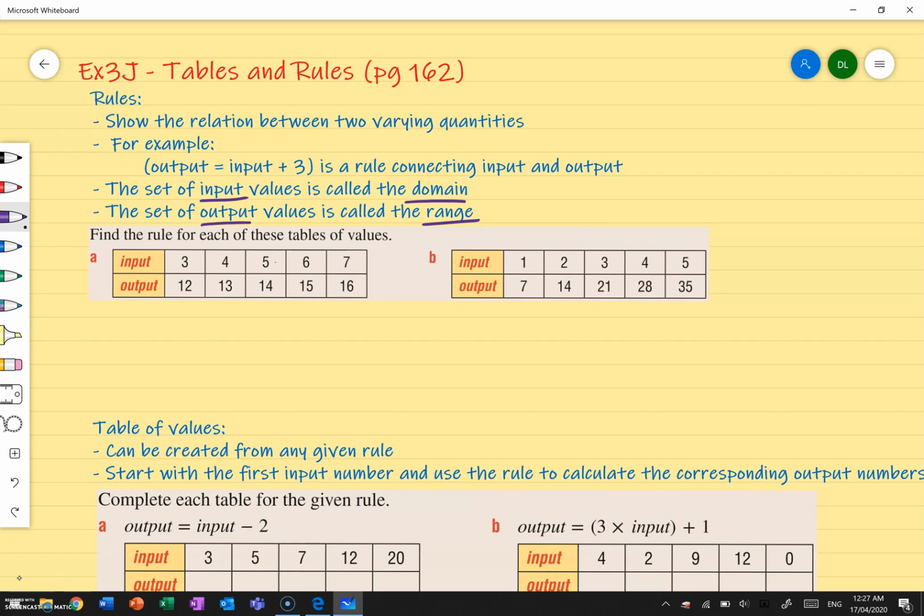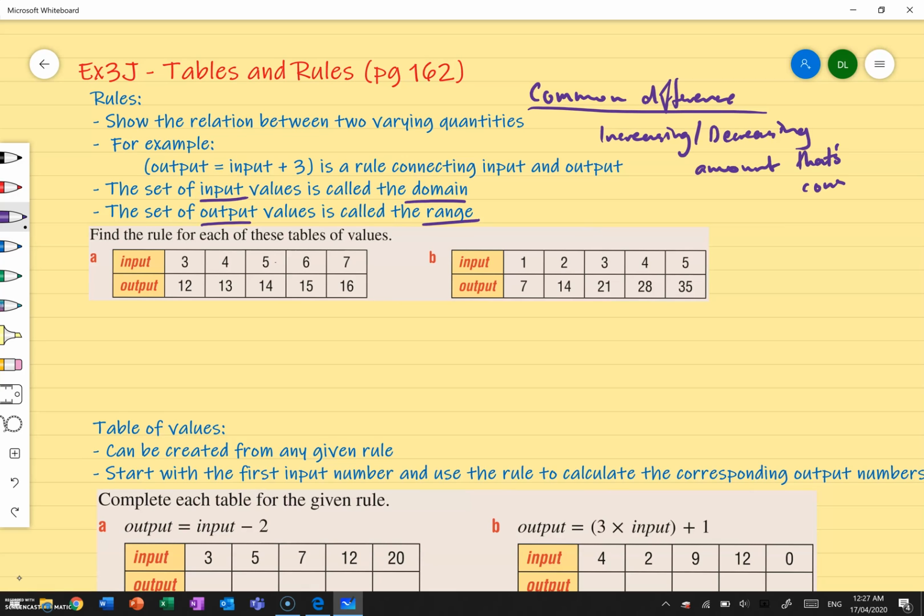Just a reminder, a common difference is an increasing or decreasing amount that's constant. So this looks to me like a common difference.